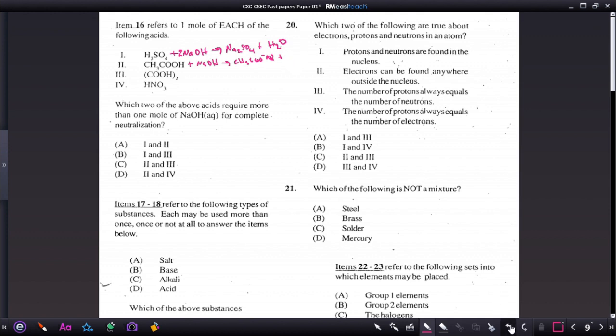Let me see if I can write that clearer. CH3COONa plus water.